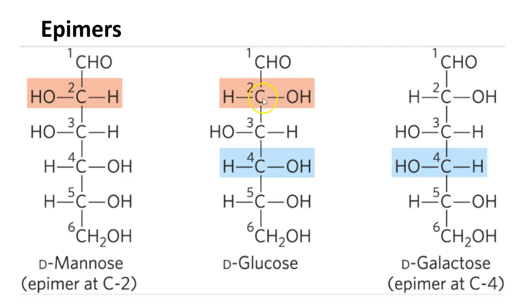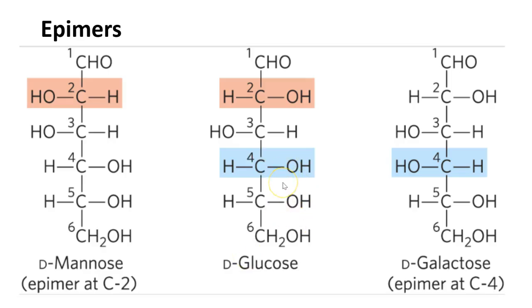For the second carbon, the hydroxyl group is to the right for D glucose, but for D mannose, that hydroxyl group is to the left. But for all the other carbons, everything else is exactly the same. So that is what makes them epimers of each other.